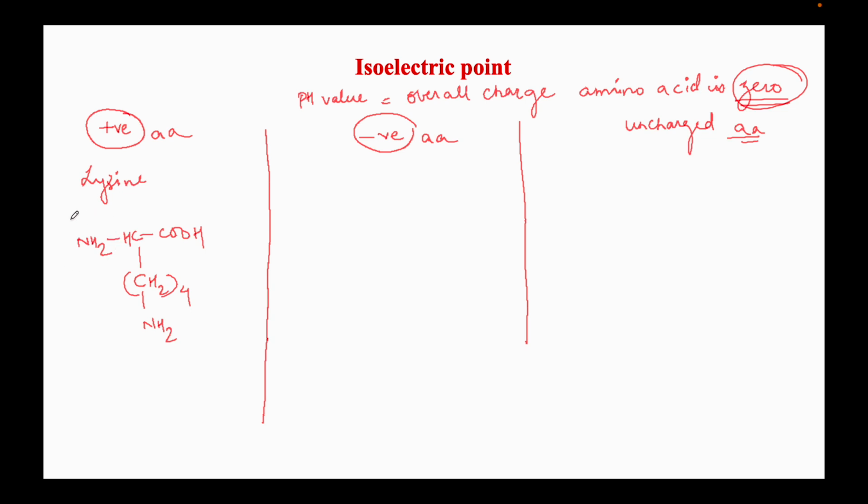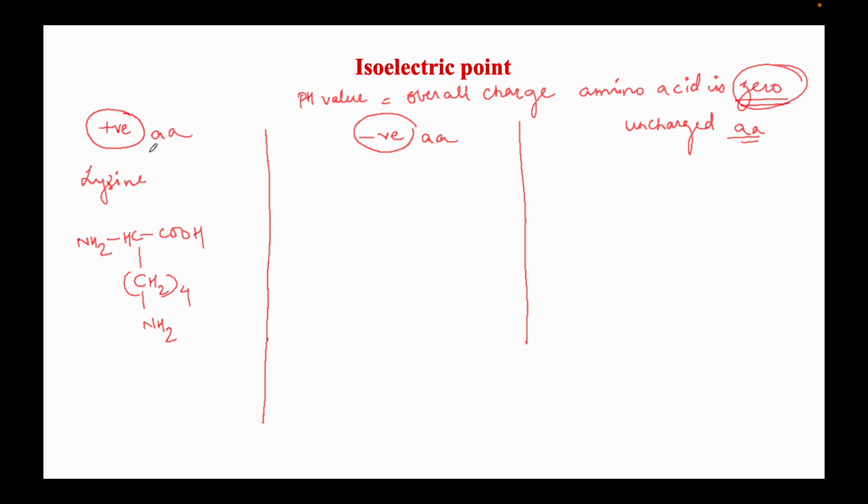We have the amino group, which is ionizable and can be protonated. We have the carboxyl group, which is ionizable and can donate the proton and become negatively charged. And we have one more amino group, which can also be protonated or deprotonated depending upon the pH.